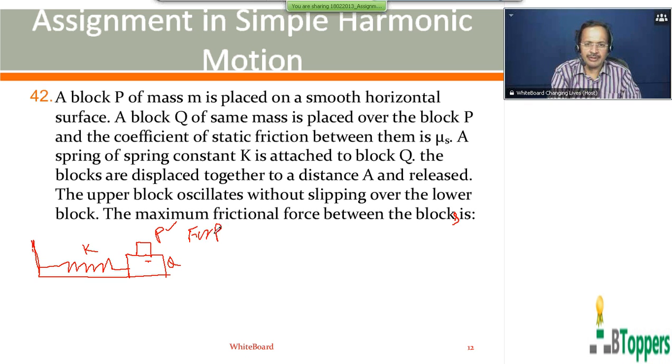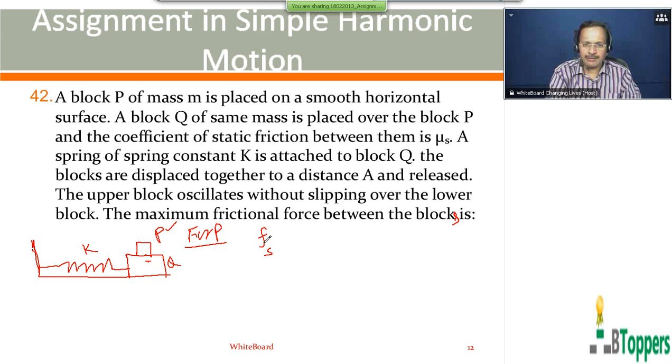So for block P, the restoring force is equal to static friction, because it is given that block P does not slip on block Q. So there is no relative motion between the two blocks. So the type of friction that exists between the two blocks is static friction.